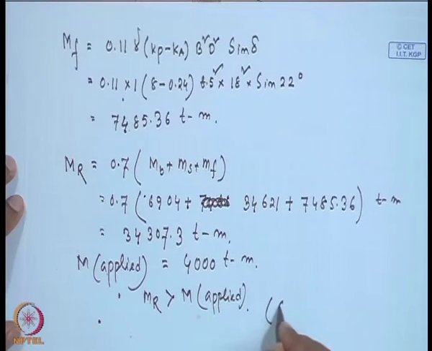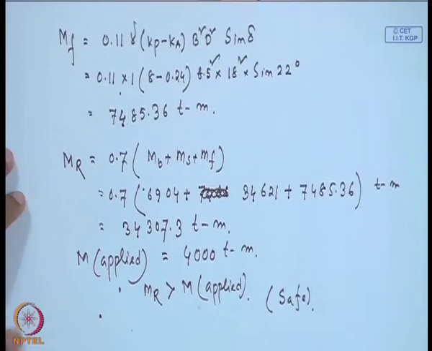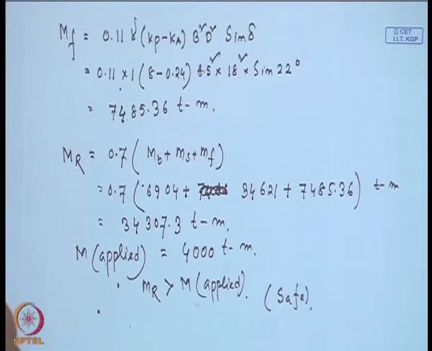So, this is safe. This way we can say that the dimension that we have chosen based on the loading condition, that is the vertical load, horizontal load and the moment at the base, this well is checked for all the possible conditions and all the checks are okay.